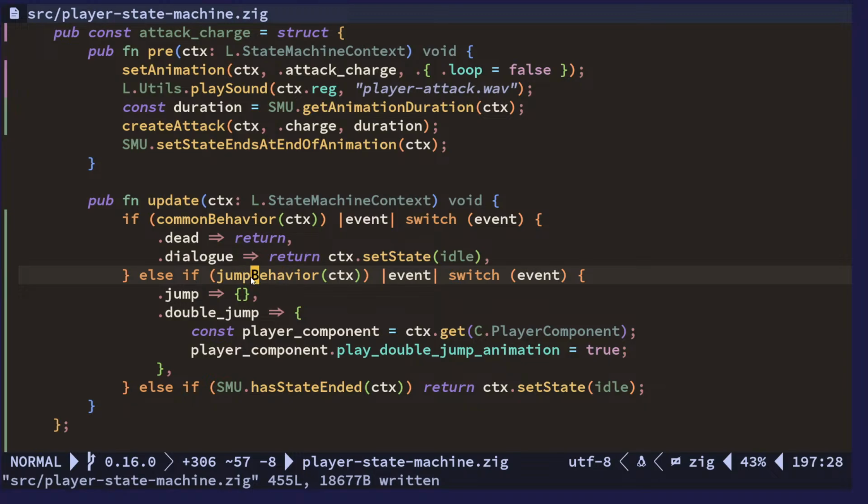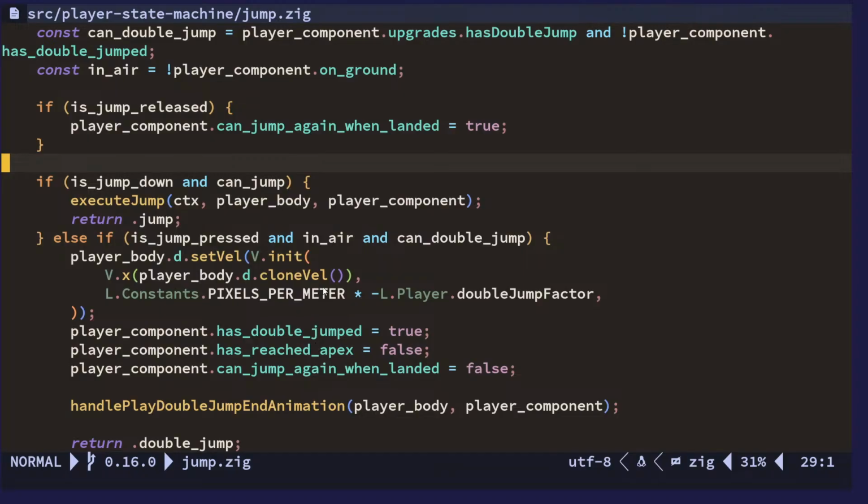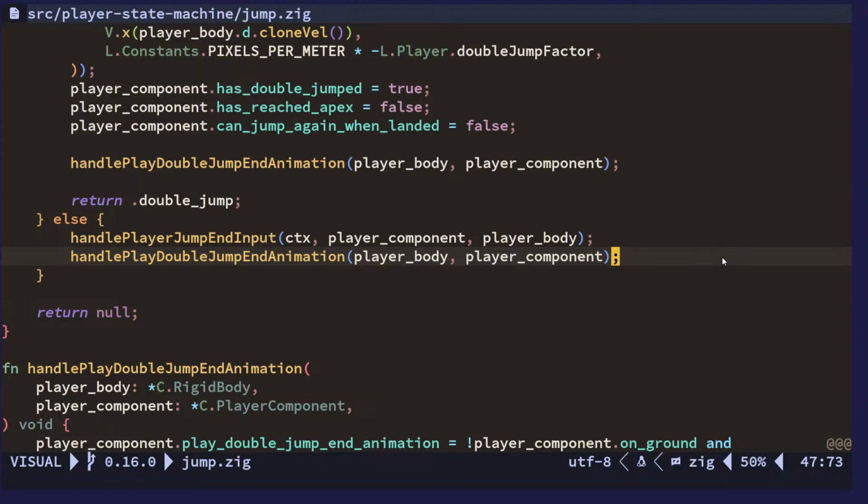But should we have the jump behavior, or could we have a special behavior just for charge? The behavior that we actually want to have is the end here.